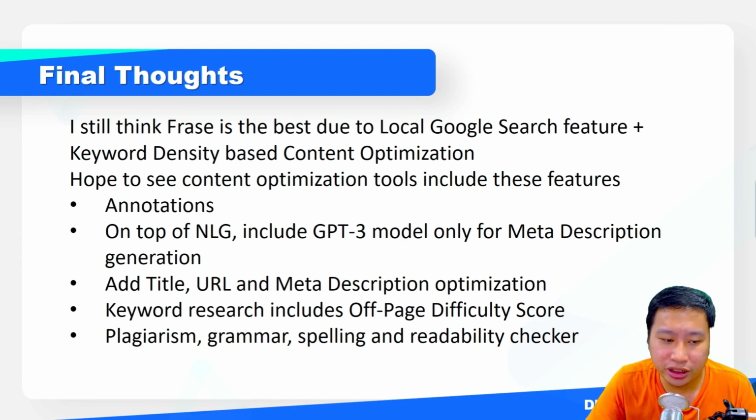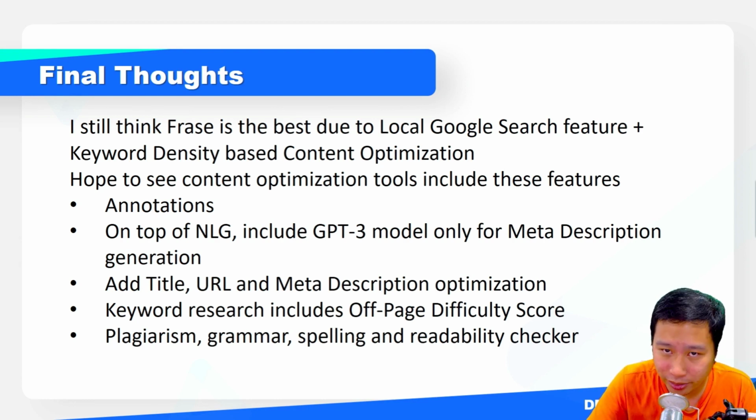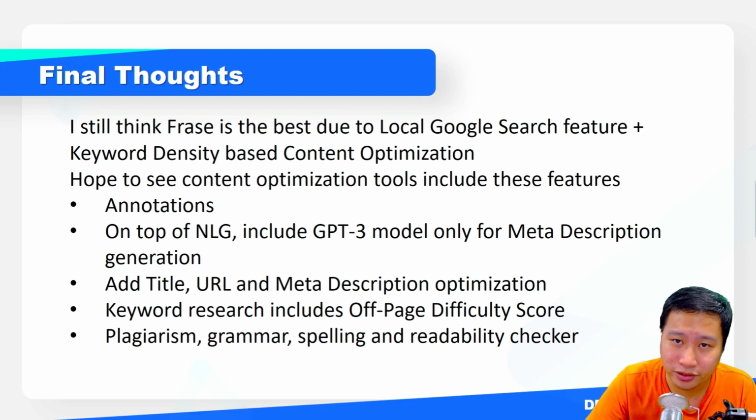But if the competitor has very strong off-page SEO, you may not want to write a piece of content to compete against them, because it's going to take you a lot more effort to rank for that article, because they have a lot of backlinks flowing into it, and so on, right?